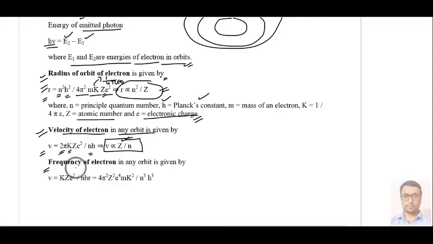Next thing is the frequency of the electron. The frequency is given by the expression k z e square upon n h r. Now here you have to put the value of the radius that we got over here. If you put that value at this place, you will get the expression in this form: 4 pi square z square e raised to the power 4 into m k square upon n cube into h cube.